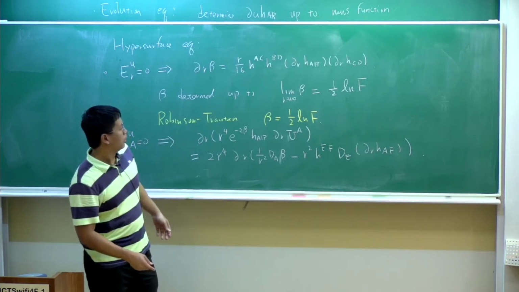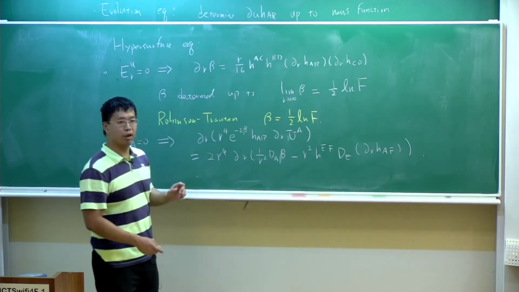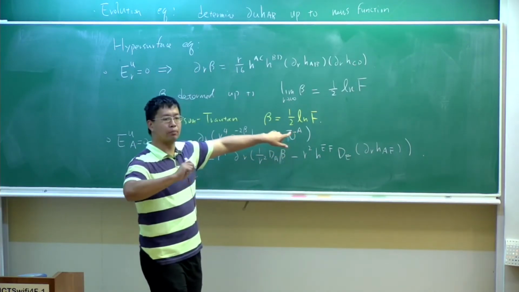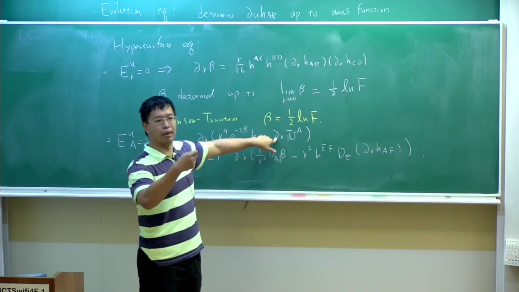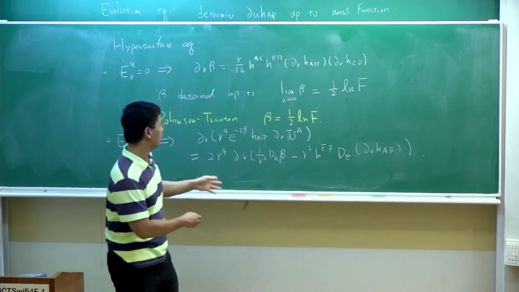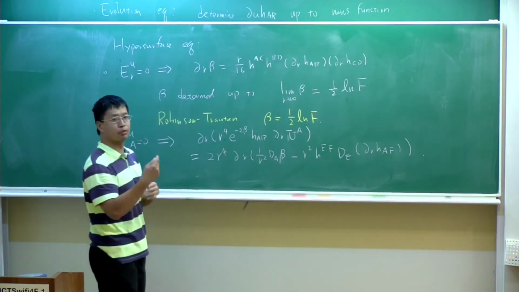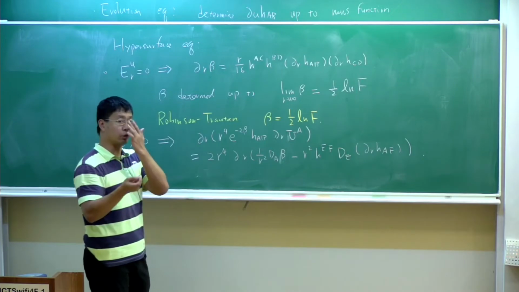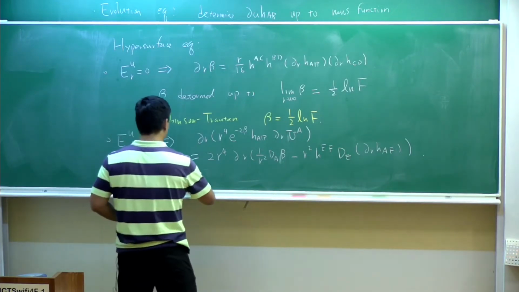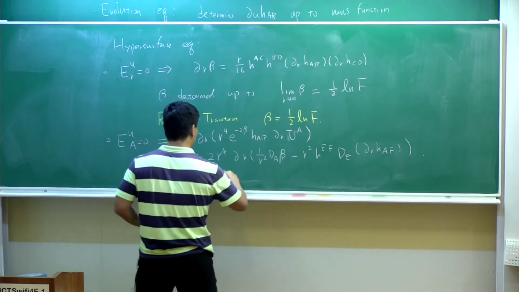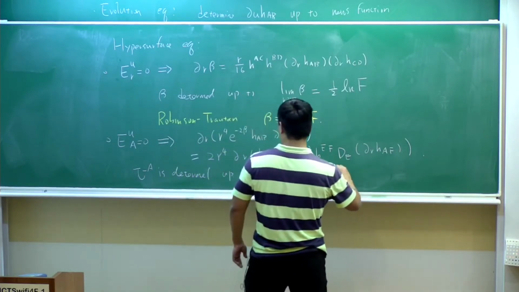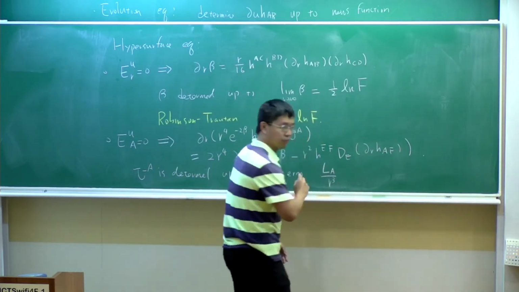Okay? And again, there is a constant of integration. If I have a component of this which decays at the rate r to the minus 3, one more derivative is r to the minus 4, order 1, which disappears in the derivative. So U^A is determined up to a constant of integration, which is of the order r to the minus 3. Okay? So U^A is determined up to a term L of this form.